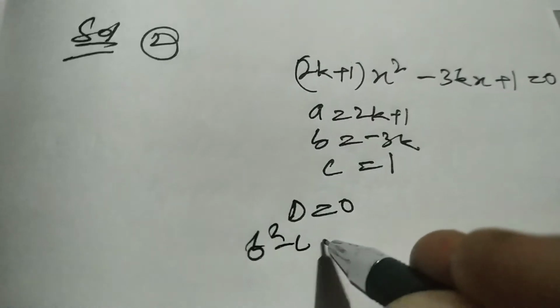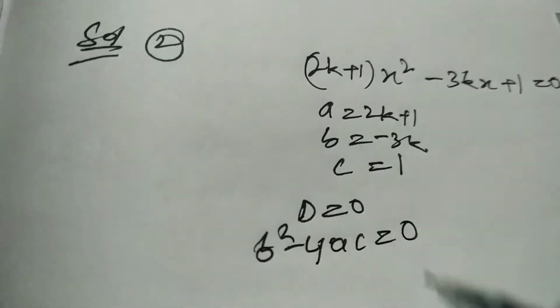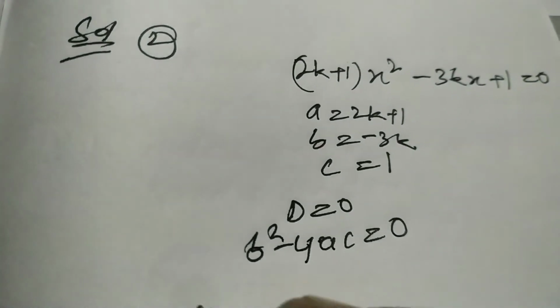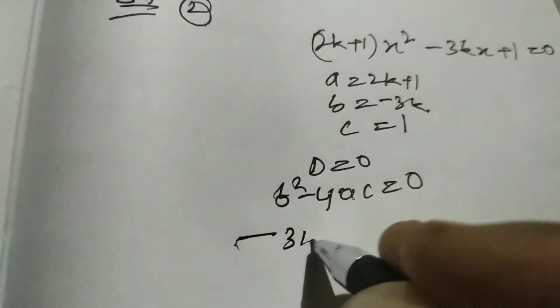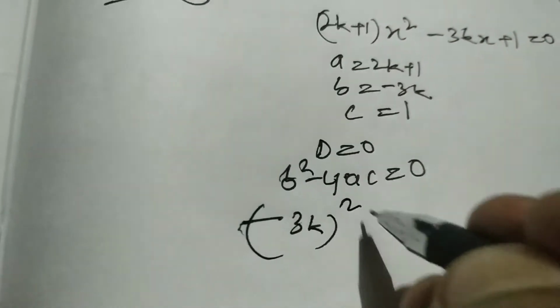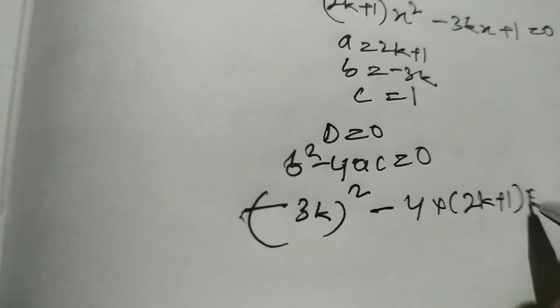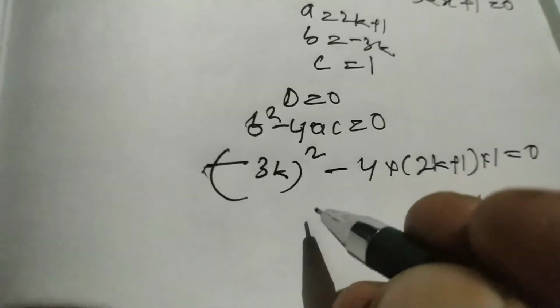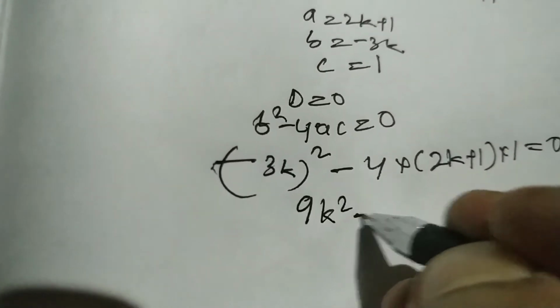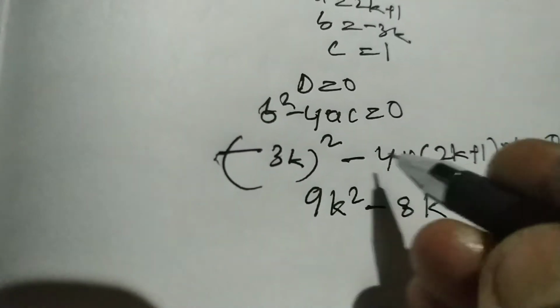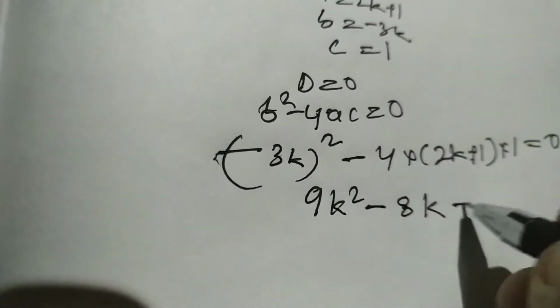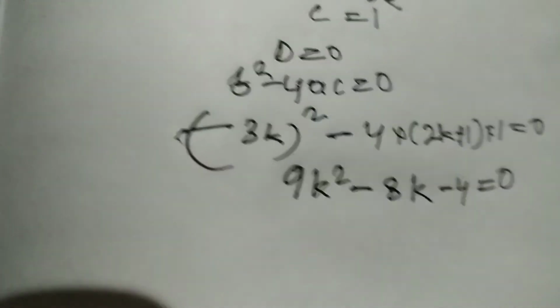That means b² − 4ac is equal to 0, and b is −3k, whole squared, minus 4 into a, which is 2k + 1, into c, which is 1, is equal to 0. This is 9k² − 8k − 4 is equal to 0.